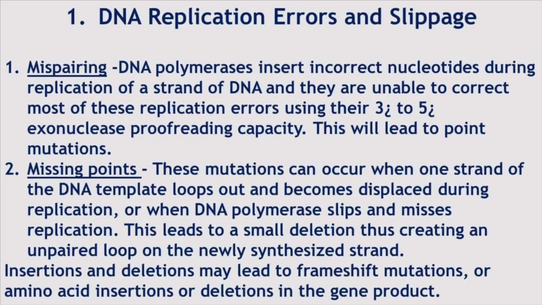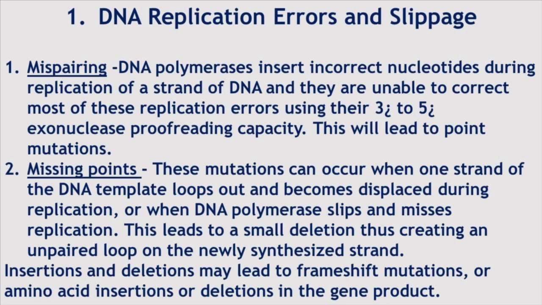Replication errors are very often the reason for mutation, and another good reason is missing points and slippage. Sometimes the double helical strand forms a loop if it does not have a matching base pair in front of it, and when the DNA template loops out, that portion of DNA is not replicated.